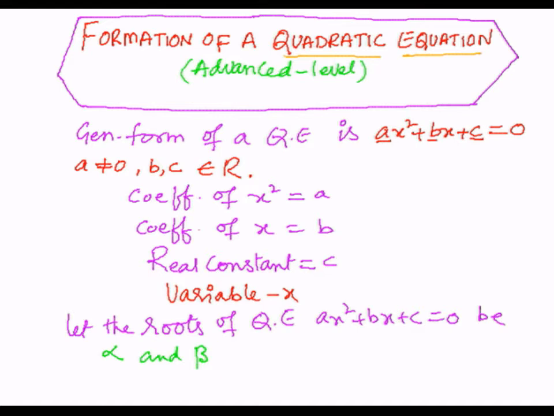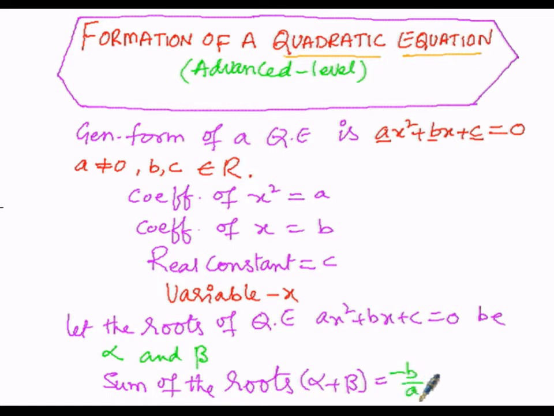So here we know the sum of the roots, that is alpha plus beta, is given by minus b divided by a, and at the same time the product of the roots is given by c divided by a.